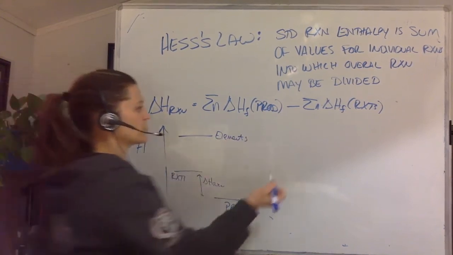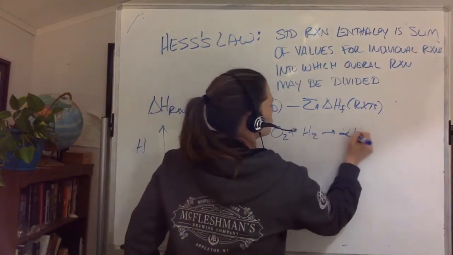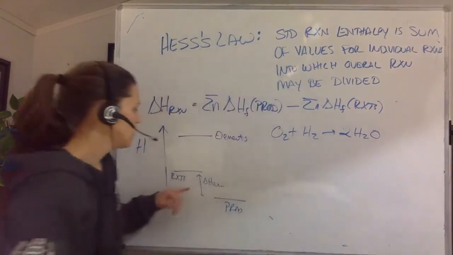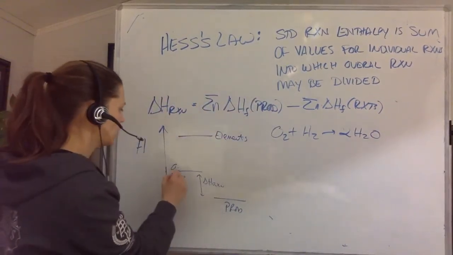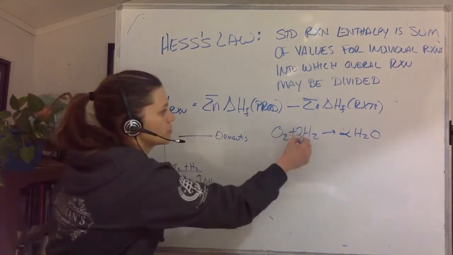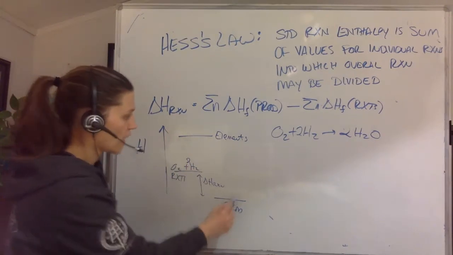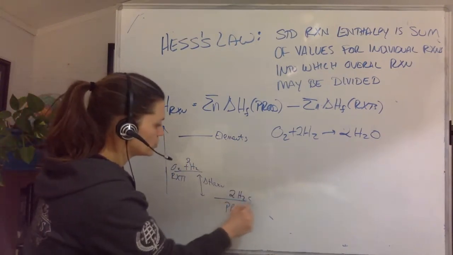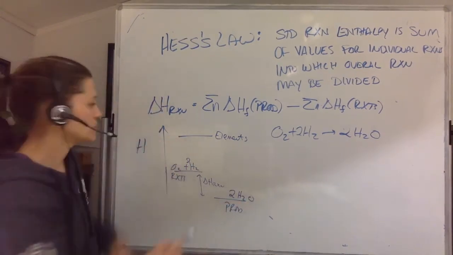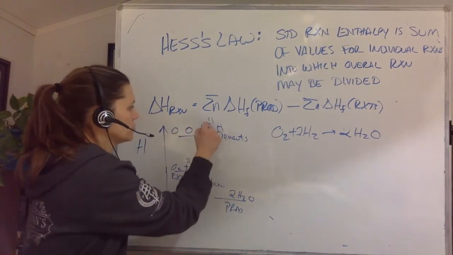So if you have O2 plus H2 yields 2H2O, here would be O2 and H2, and actually there should be two of those. And then here you would have 2H2O. But up in the elements part, you have an oxygen, a hydrogen, hydrogen, hydrogen, and hydrogen.